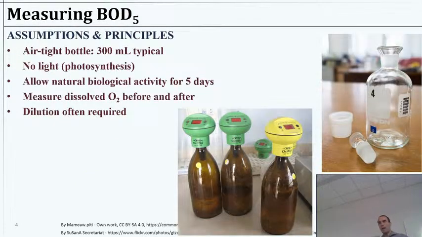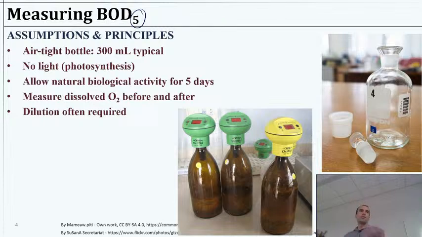Okay, so back to the generic BOD. There are a few assumptions and principles we need to think about as we consider how to measure BOD. You'll see I put a little subscript 5, so BOD5 is our very typical convention. There's not actually a real reason we can't do BOD 3 or 4 or 7, but 5 is a nice number.